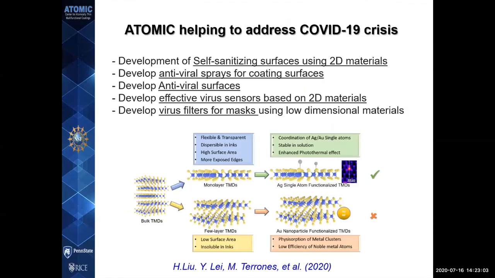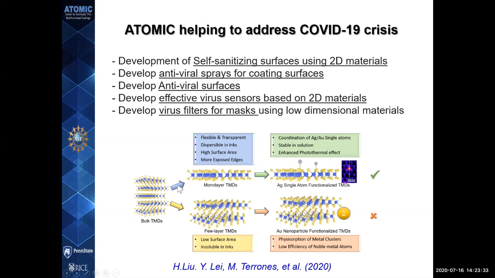So just before I finish, because I still have some time, and I want to give some time for questions and also try to save some time as well. This is addressing what Yashing Huang was mentioning: development of self-sanitizing surfaces, antiviral sprays, antiviral surfaces, virus sensors as well, filters for masks.